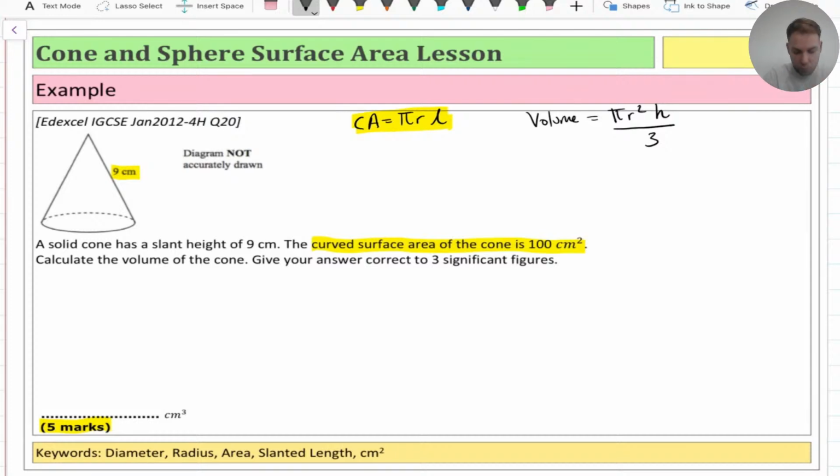So 100 is equal to pi times r times L, which is 9. I don't know r, so this is 9 pi r. To find r, I need to divide both sides by 9 pi.